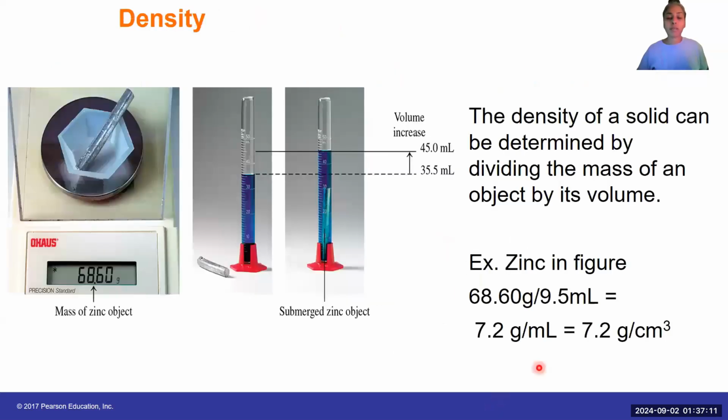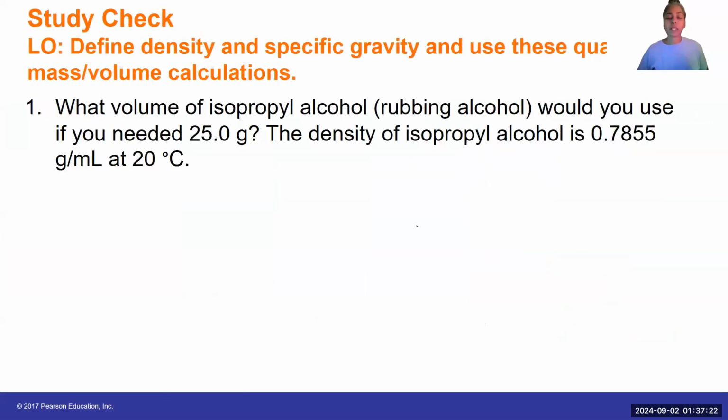And when we took the measurement of this zinc, notice that we have grams per milliliter or grams per centimeter. We can use that information to calculate either the volume or the mass given the density. Let's try one of these problems.